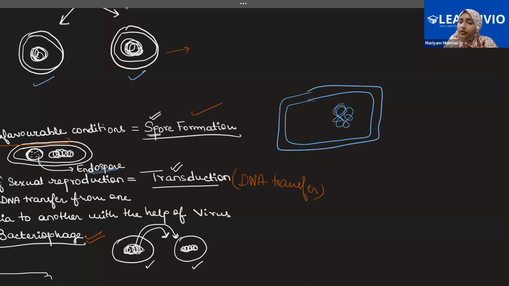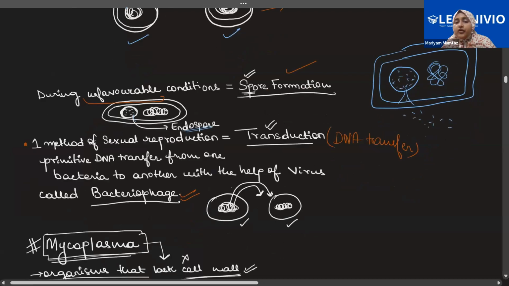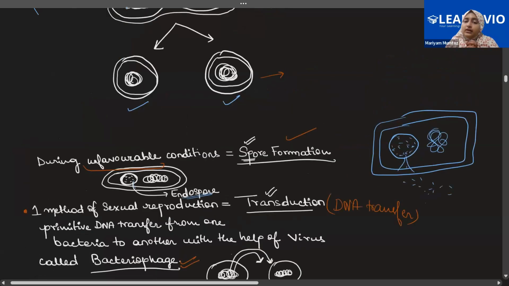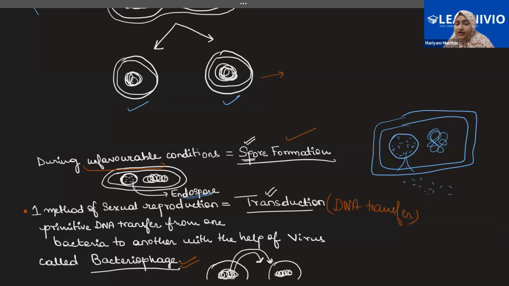First, an endospore will be formed inside the cell, which will contain multiple spores, and when it is released, it will release multiple spores. This is what happens in spore formation. Both spore formation and fission are asexual methods of reproduction.